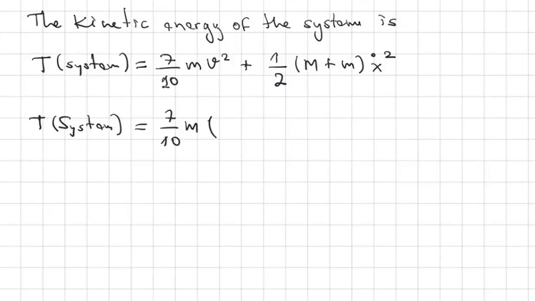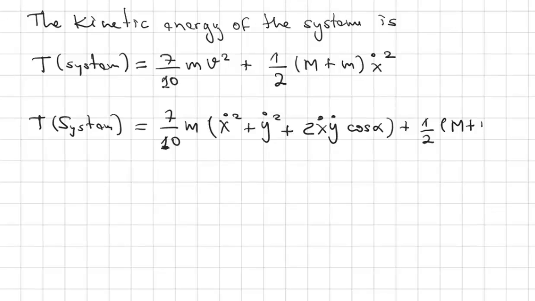Okay, we know velocity squared according to equation number 1: x dot squared plus y dot squared plus 2 x dot y dot cosine of alpha. Okay, now plus 1/2 of the mass of the wedge plus the mass of the ball, x dot squared. Let's call this equation number 5.